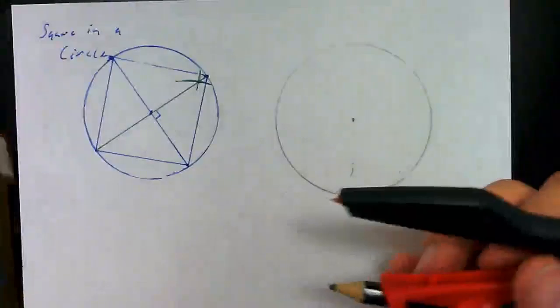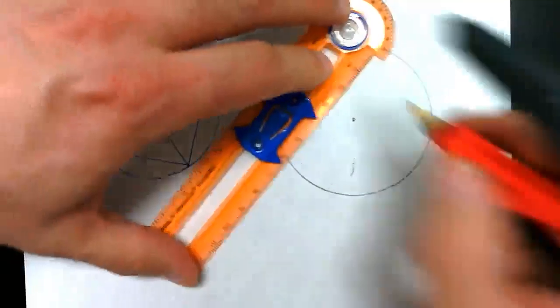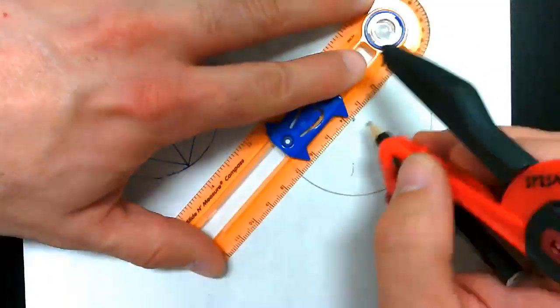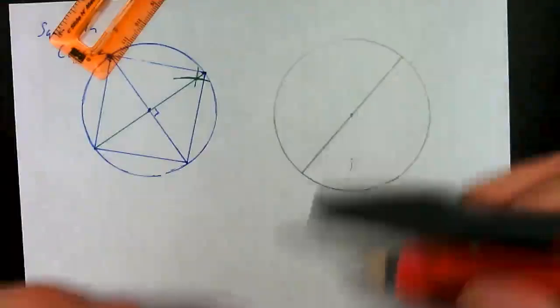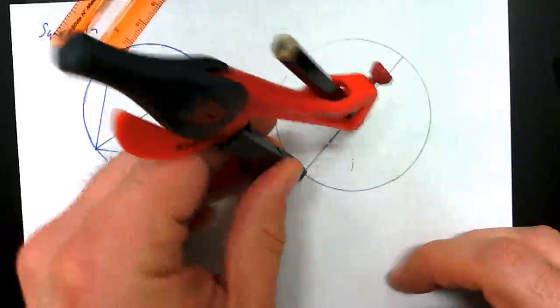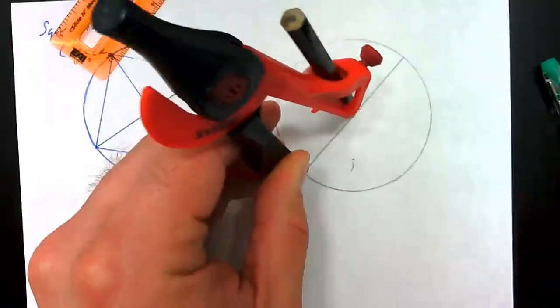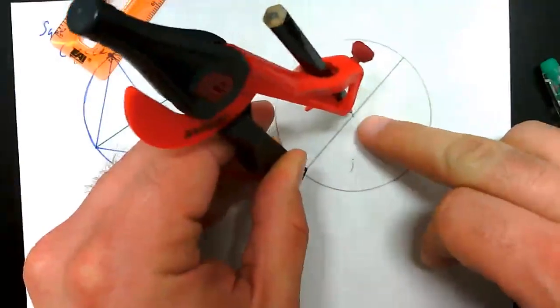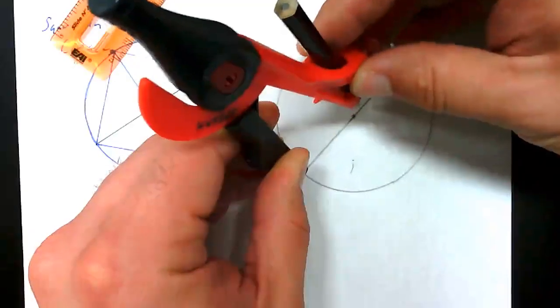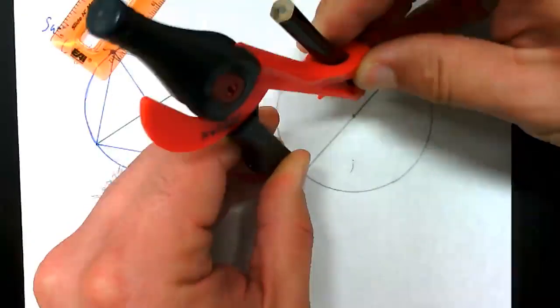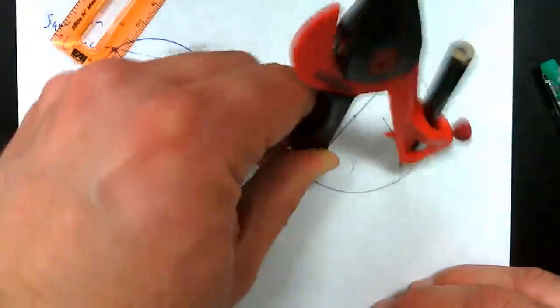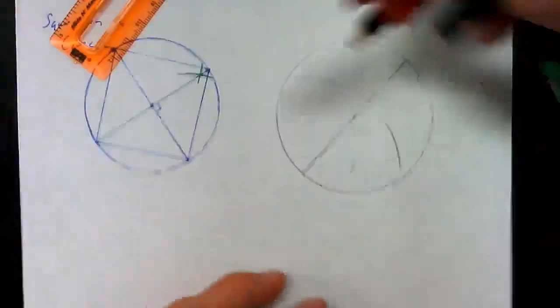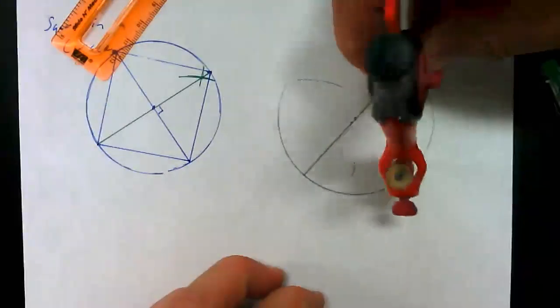So, we have our circle. Draw a diameter through the circle. From each of those points, again, I can't leave my setting where it is because the intersection would be right at that same point. So again, I have to make it a little bit bigger. And last time, again, I said I could go to one side, or if you want to, you could go to both sides. It doesn't matter. If you go to both sides, your line might be a little bit more accurate.